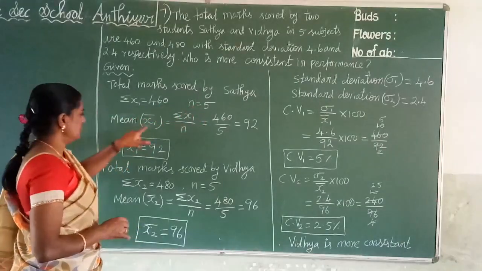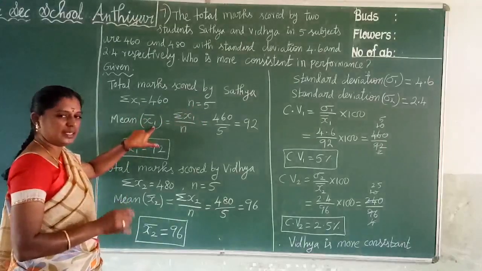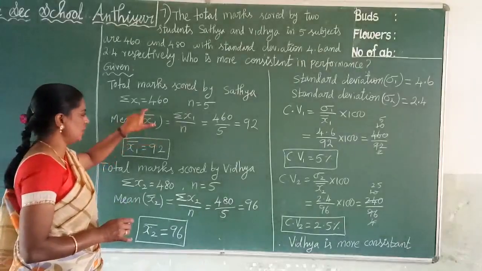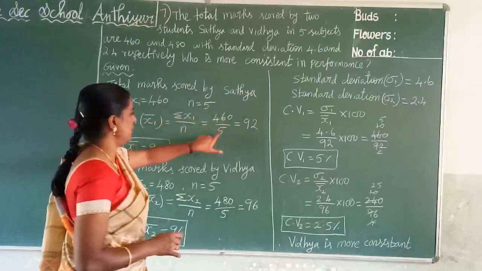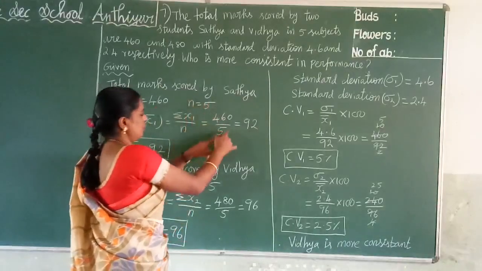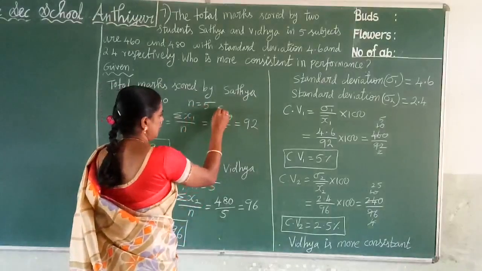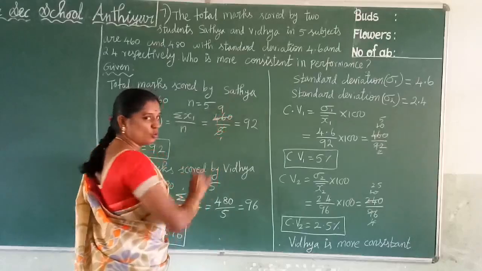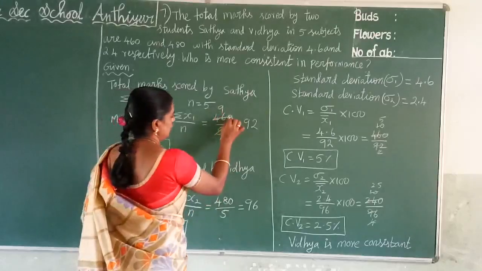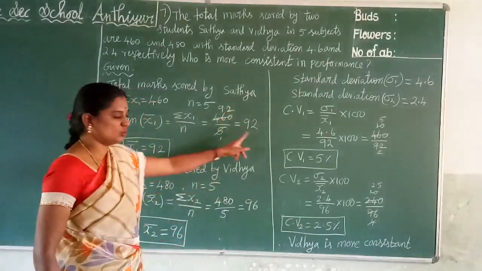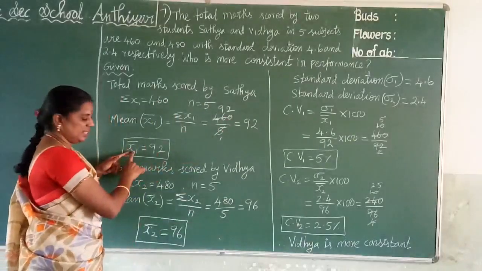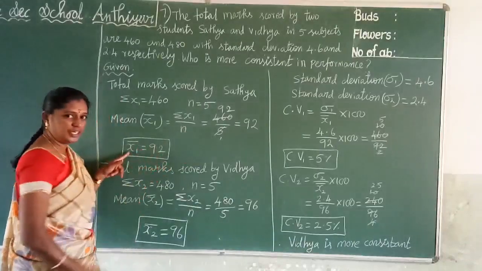So the mean of the first student, Satya, x1 bar, is equal to summation x1 by n, which is 460 by 5. 1 5 is 5. Here 9 5s are 45. Remainder 1, 0. 10 means 2 5s are 10. So 92. So Satya's mean x1 bar equals 92.